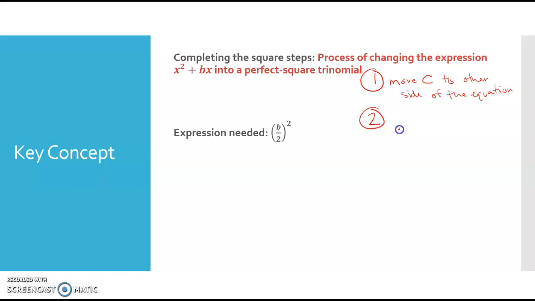Step 2, we're going to find a new c using this b divided by 2 quantity squared. That's how we're going to find our new c. And then 3, we're going to add that to both sides, because what we add to one, we have to add to the other. So add to both sides.